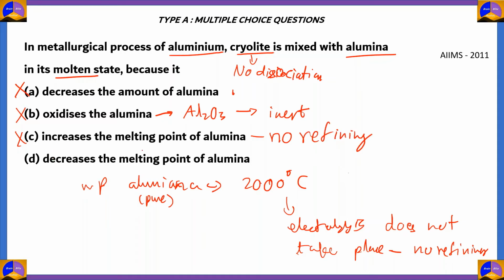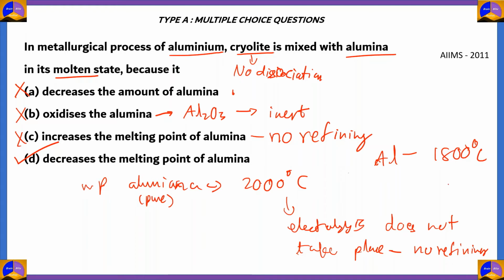And by describing the fault with option C, we also get our answer, which is option D, decreasing the melting point of alumina. So alumina is 2000 degrees, while aluminium itself has only 1800 degrees Celsius.